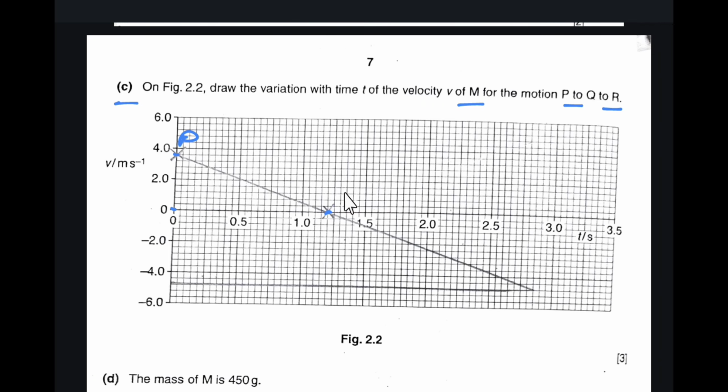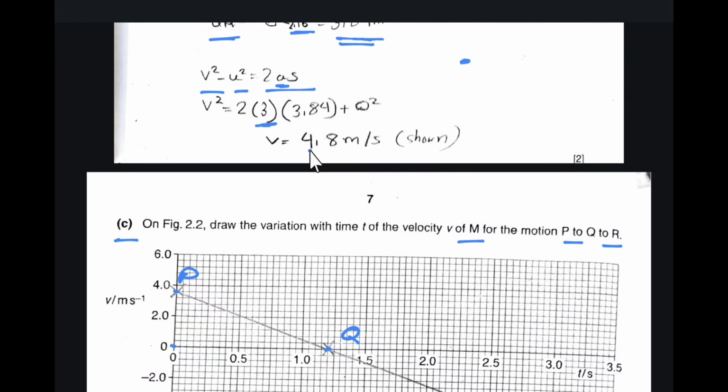So this is point P, this is point Q, and at point R we have found that the speed is 4.8 meter per second.